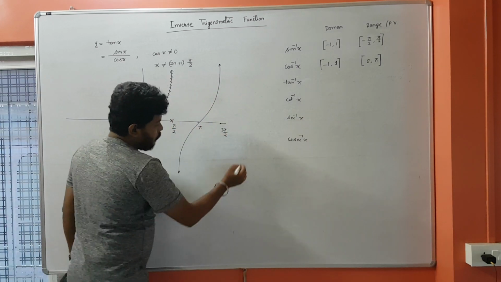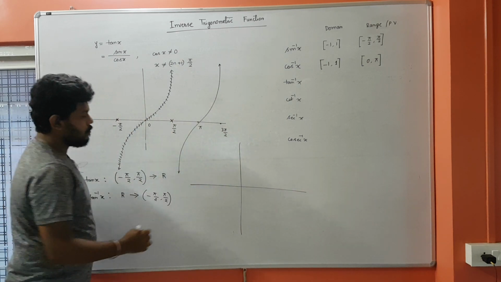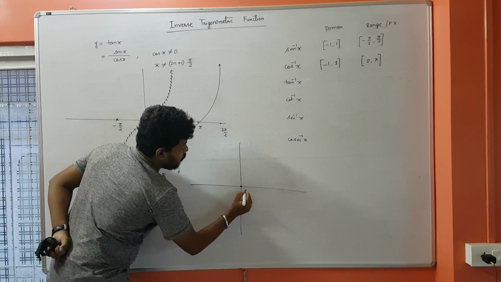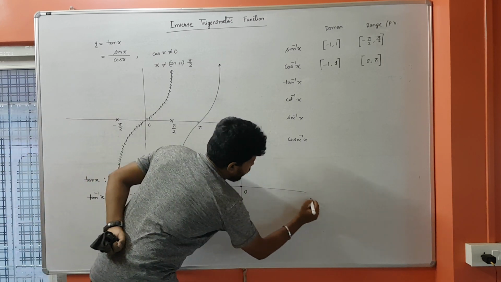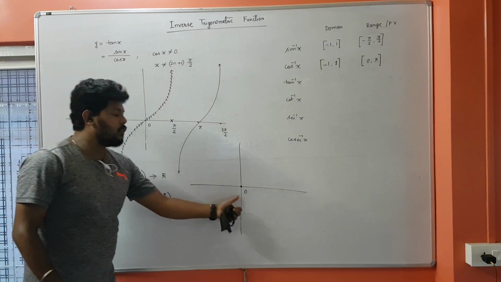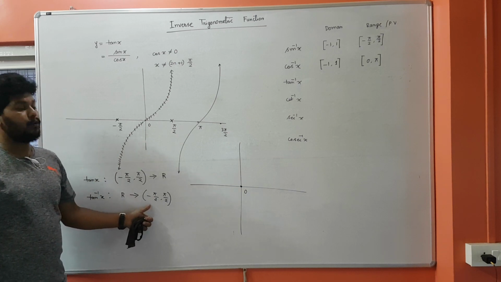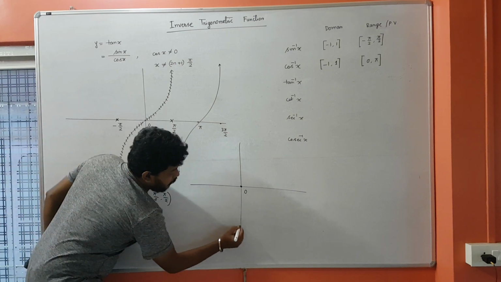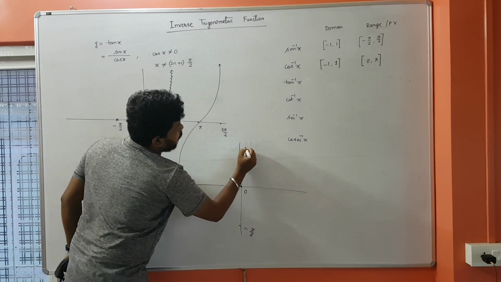If I draw the graph of tan x, I will get this is 0, this is infinity. When x is equal to minus infinity, the value of tan x is equal to minus pi by 2. This point is minus pi by 2. This point is plus pi by 2.